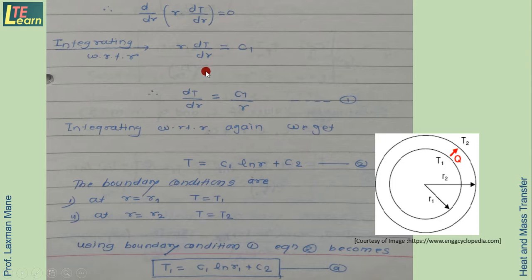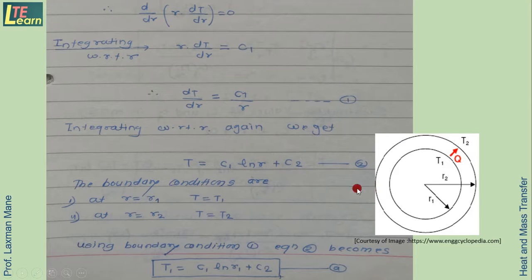Once again we derive this by arranging this equation. First of all, equation number 1, that is dT by dr equals C1 upon R. Integrating this equation with respect to R, we find T, temperature, is equal to C1 into the integration of 1 upon R, which is natural log of R, plus C2.